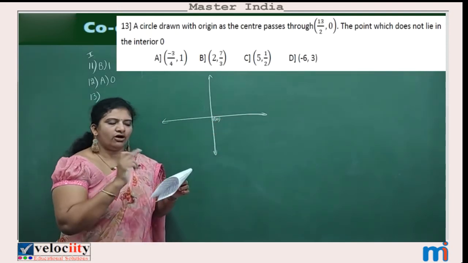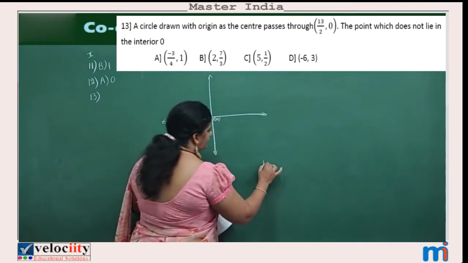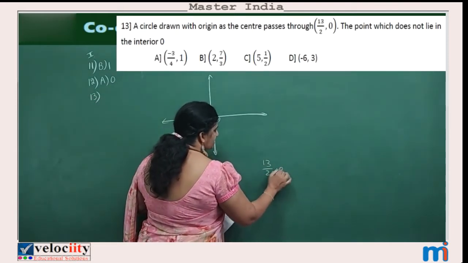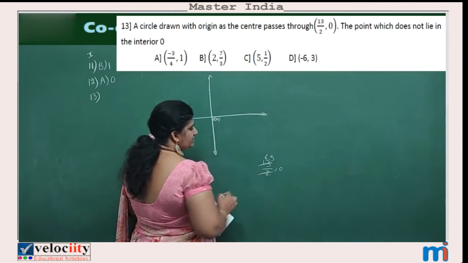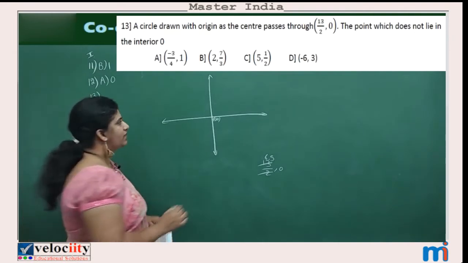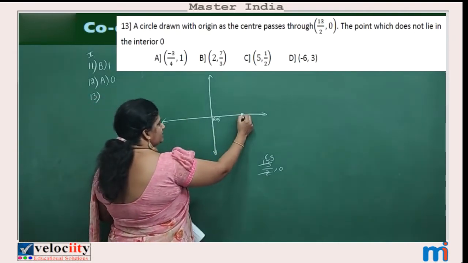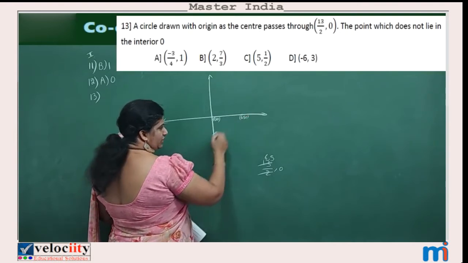A circle drawn with origin passes through 13 by 2, 0. 13 by 2, 0 means, observe here, 2 6 are 12, 0.25 are 10. 6.5, 0. 6.5 means, here somewhere it might be 6.5, 0.